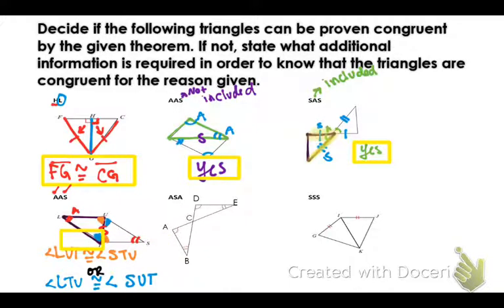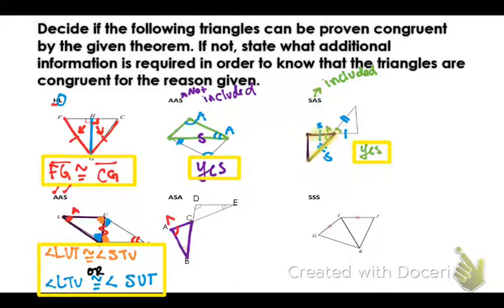This next one, go ahead and write in the letters. You don't have them. I don't know why. So I named the first one ABC and then CBE. So we're just going to use the information they gave us because there are actually a lot of answers you could use here.